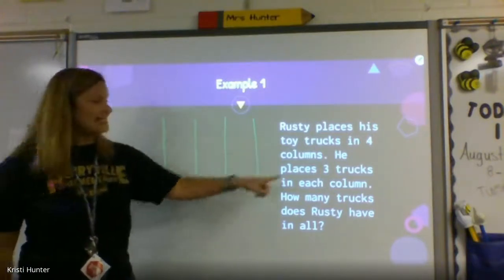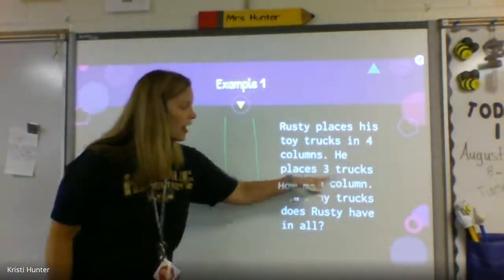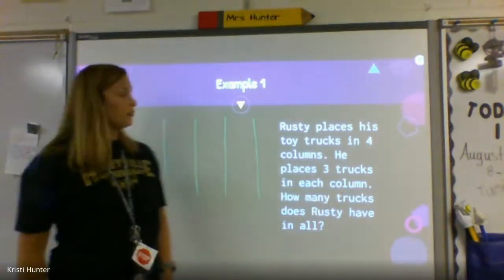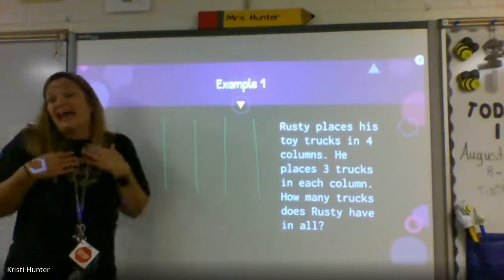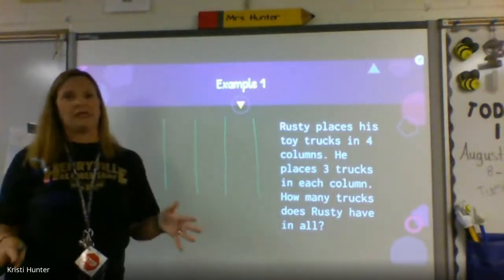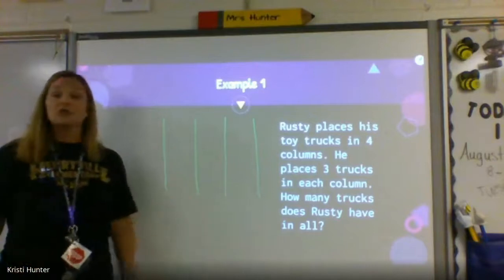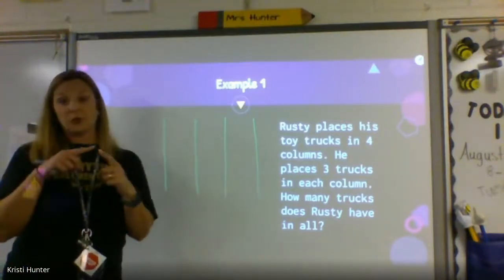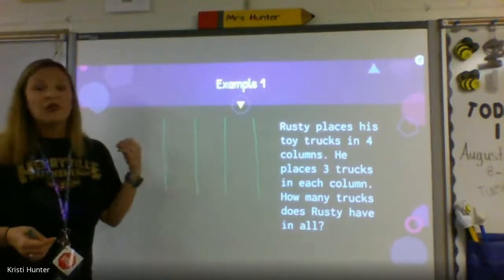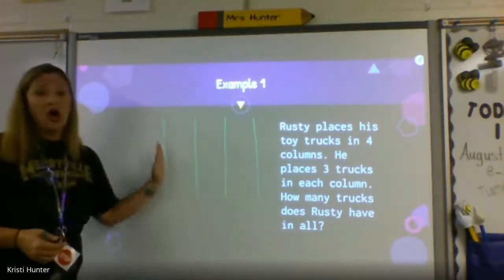Now it says he has 3 trucks in each column. 3 trucks in each column. Now I'm not very good at drawing trucks, and it would take me all day to draw 3 trucks in this column. So what I'm going to do is I'm just going to draw circles. You can draw boxes, okay? So we need 3 in each column.